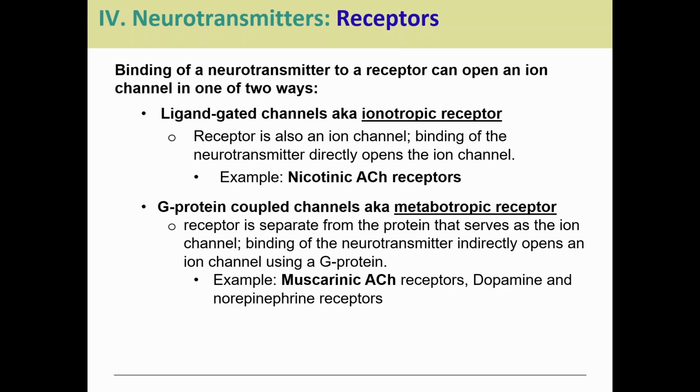If you remember the G proteins from talking about the hormones with endocrine, it's the same concept, in that the receptor and the effector molecule are separated, and the G protein is the go-between between those two. In this case, we look at examples like the muscarinic acetylcholine receptors, or things like norepinephrine or dopamine receptors.